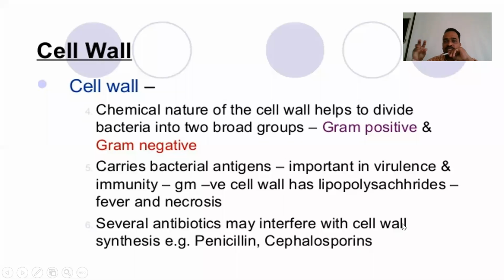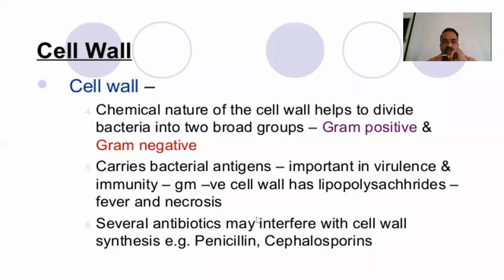Once the penicillin breaks down the cell wall and gets into the structure, it destroys the bacteria and its nucleus, and that is how the bacteria dies.